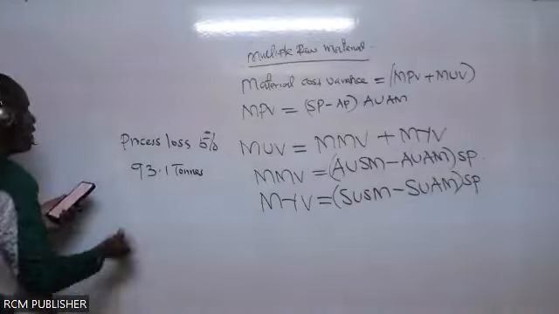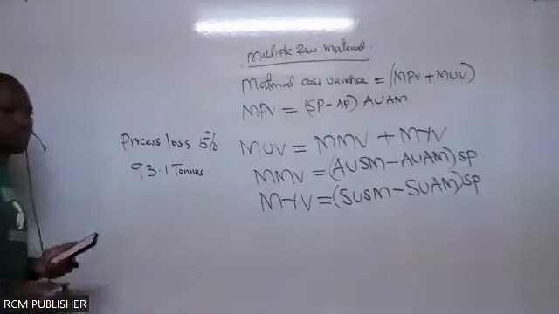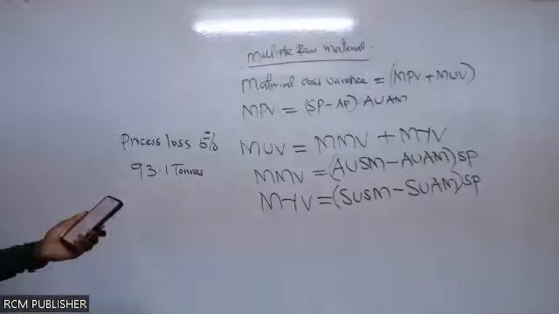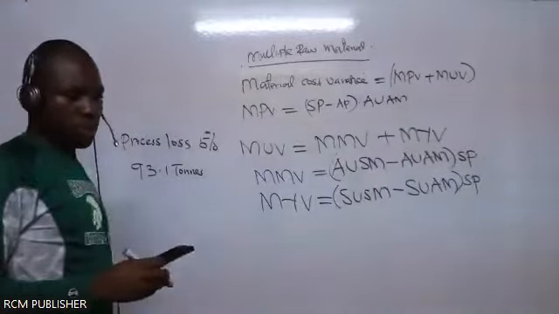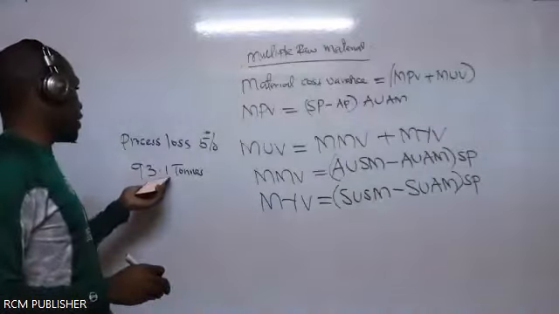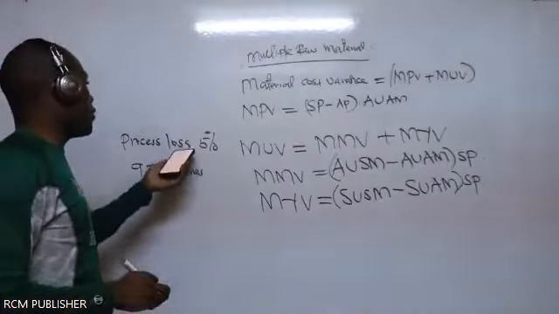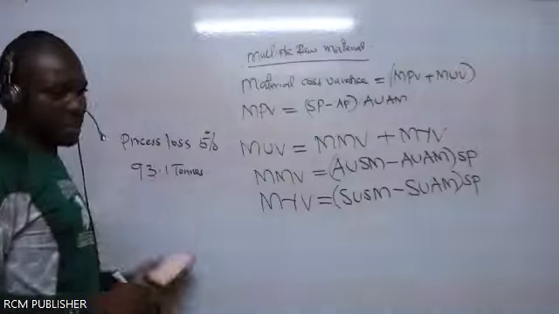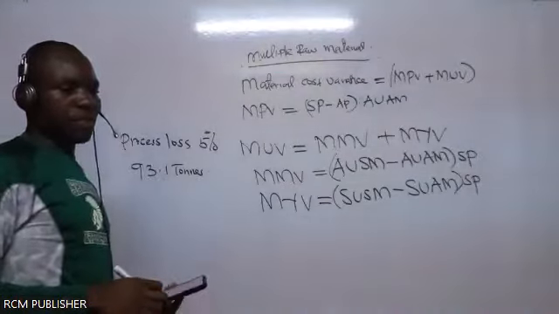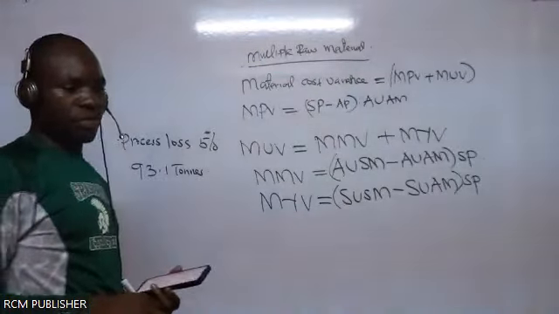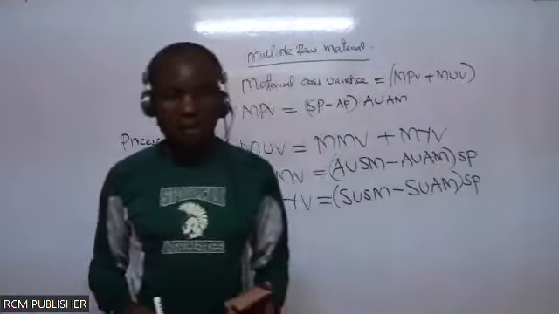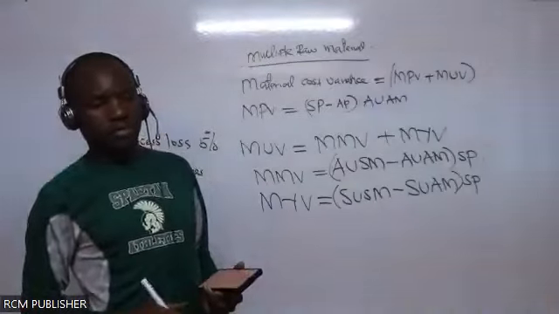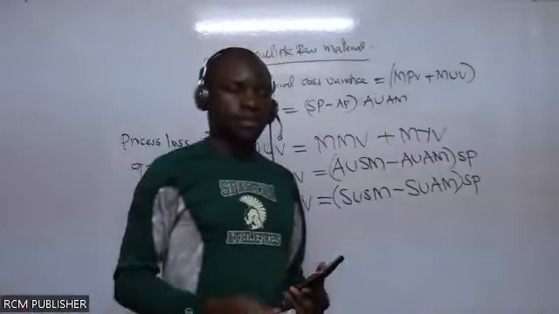What percentage does this represent? A process loss is 5%. So the output we have here is 93.1 tons. Are we able to know the percentage that 93.1 tons represents?